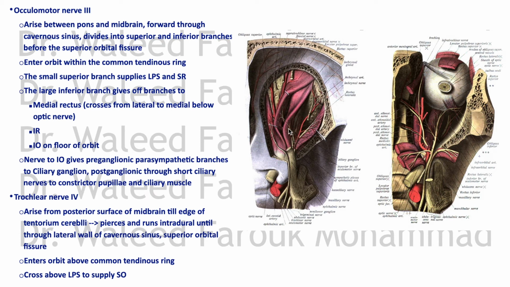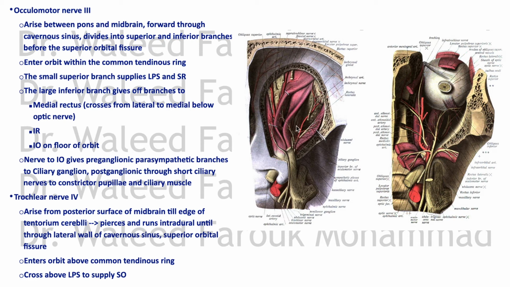This is the superior division, see? The superior division supplies the levator palpebrae superioris and the superior rectus, while the inferior division that goes deep supplies all the rest of the muscles except for the lateral rectus, because it's supplied by the abducent nerve.